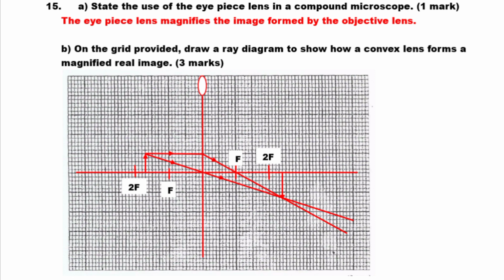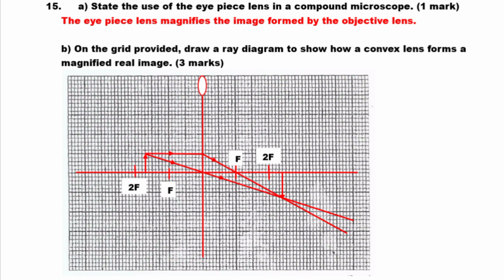You realize you have a ray parallel to the principal axis, which converges through the focal point. A ray through the pole goes straight without any refraction, and that means now the image is formed where the refracted rays meet, which is magnified.